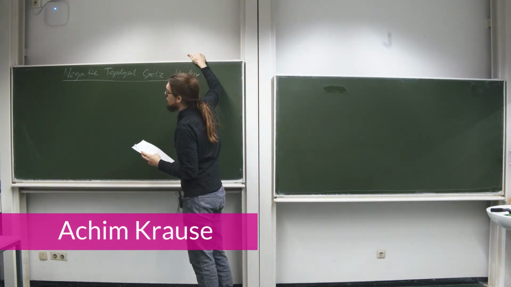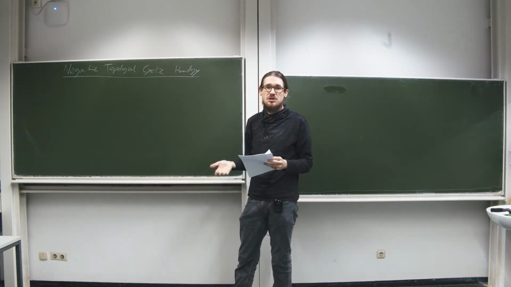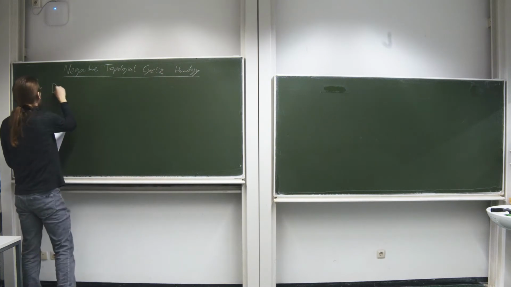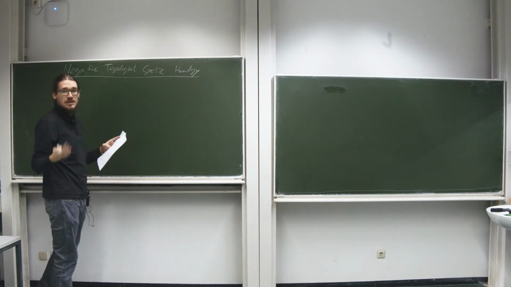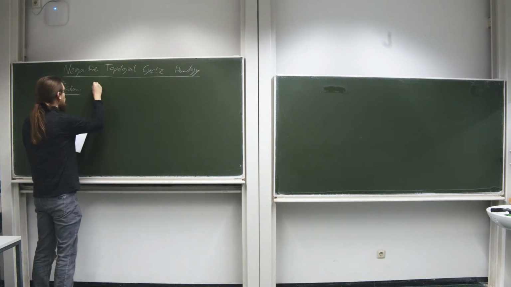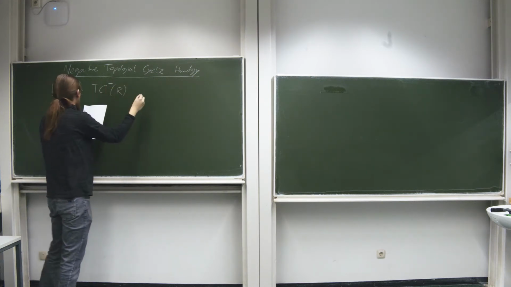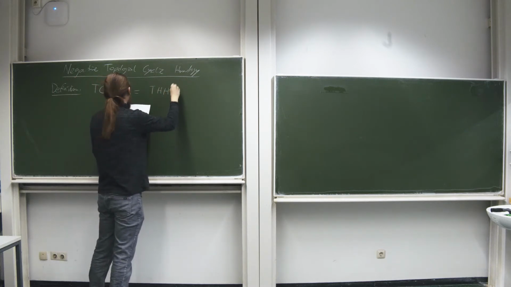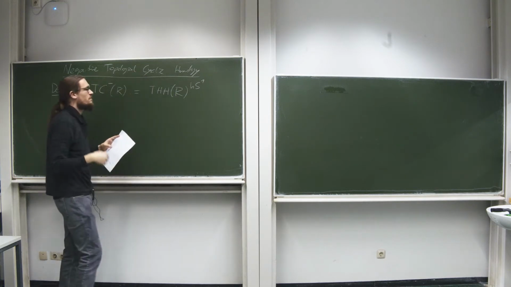So, with the circle action on topological Hochschild homology that we defined in the previous video, or one of the previous videos, we can now define what's called negative topological cyclic homology, or TC-, simply as the homotopy fixed points of the S1 action.